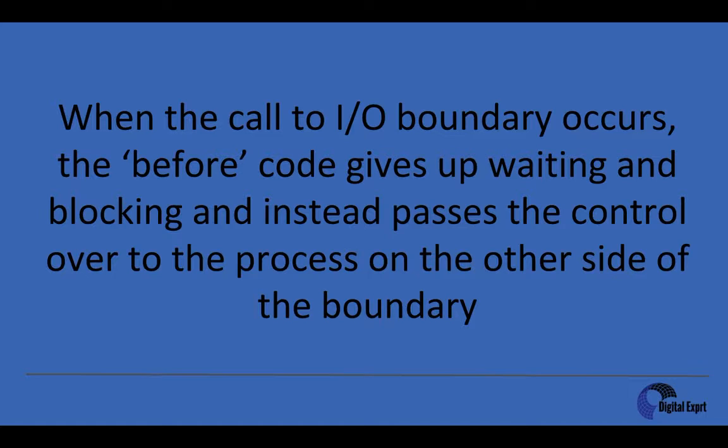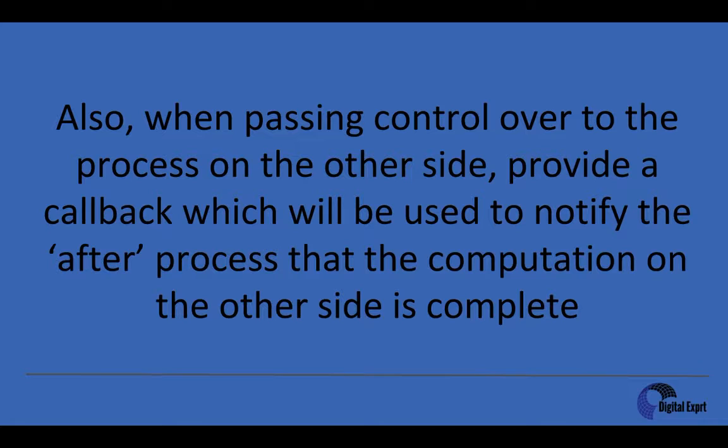Another thing that is important for the before code is that when it passes the control over to the process on the other side of the I/O boundary, it also needs to pass the callback instructions. This callback will be used to notify the after process that the computation is complete.